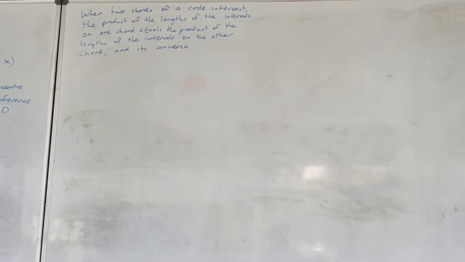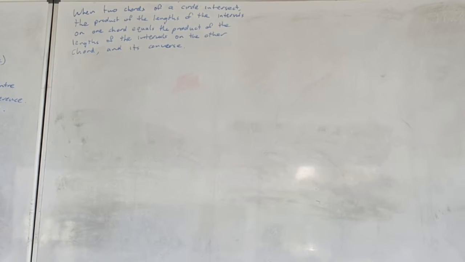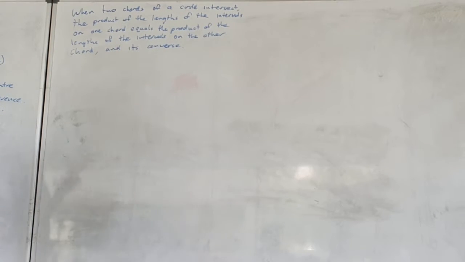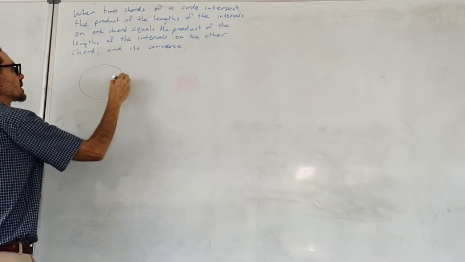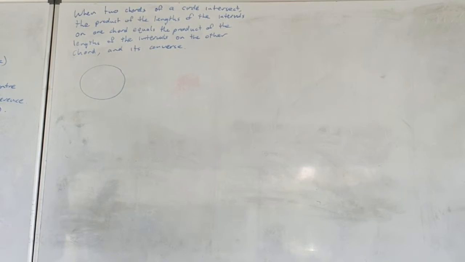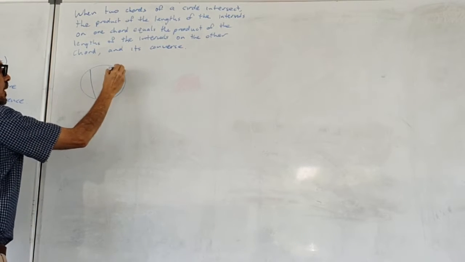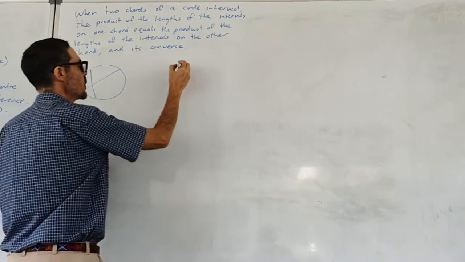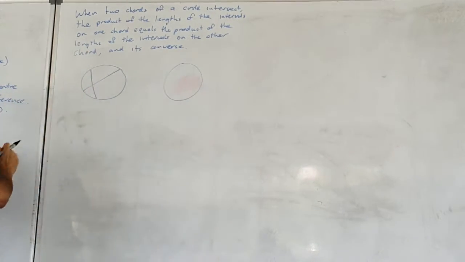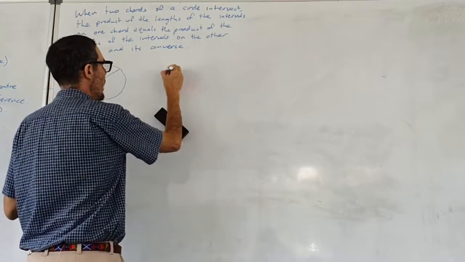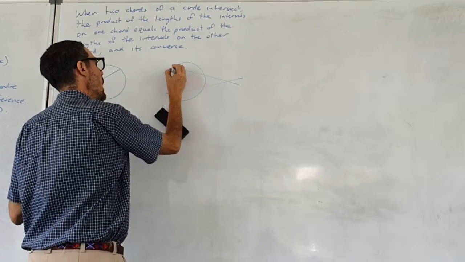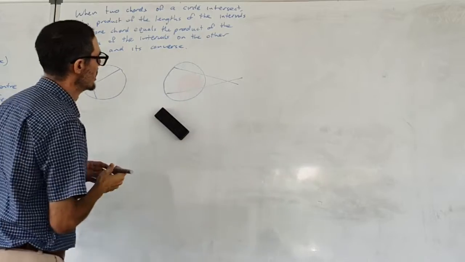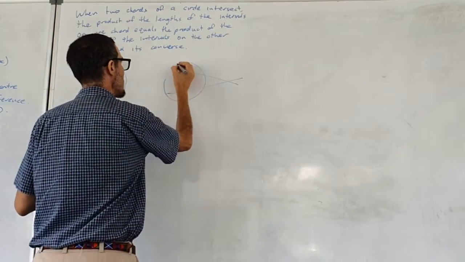When two chords of a circle intersect, the product of the lengths of the intervals on one chord equals the product of the lengths of the intervals on the other chord, and its converse. There are two possible diagrams because the chords might intersect in the circle, or the chords might intersect outside the circle. More like a fish than a circle.